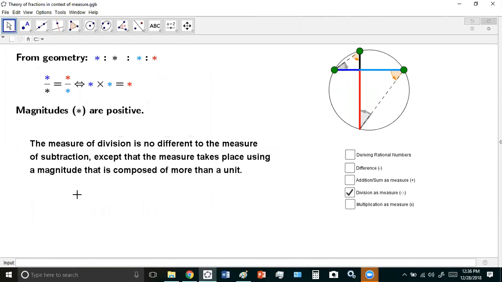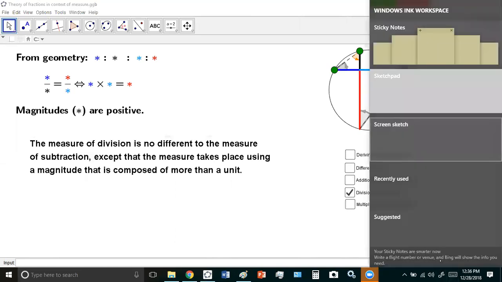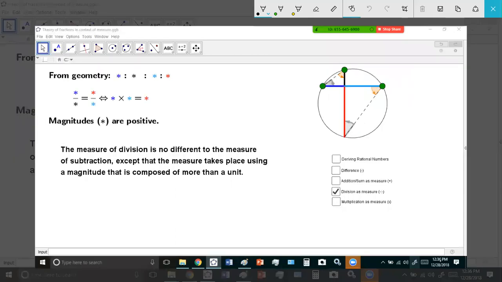So for example, if you're going to measure a distance of, let's say, 8 with 4 or 2, then you're using these two here to mark off how many times it will occur in this distance here, right?